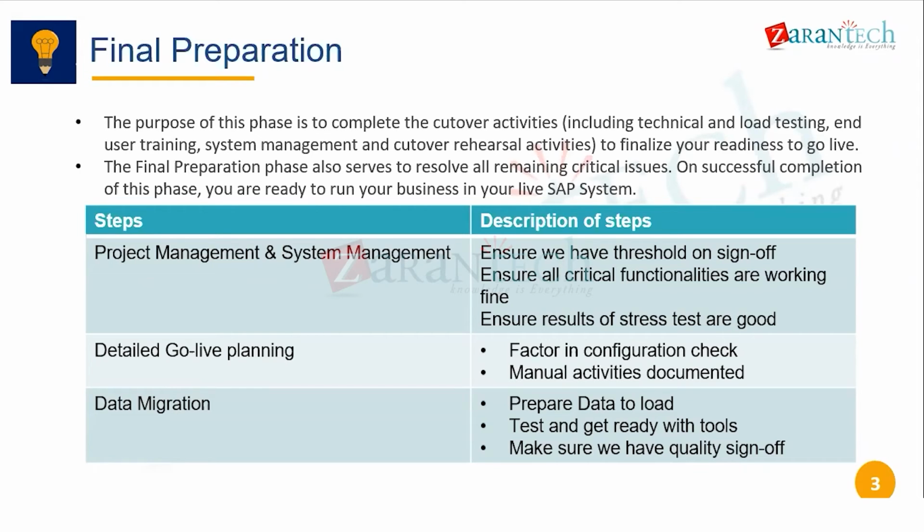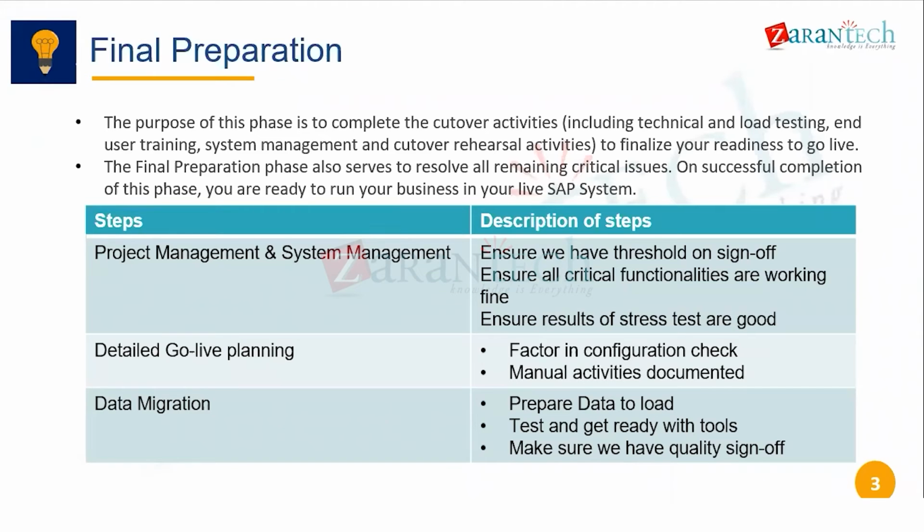What are the critical portions in the configuration? You might notice once you work on a project that once the transports are moved to live, they ask you to do a configuration check.